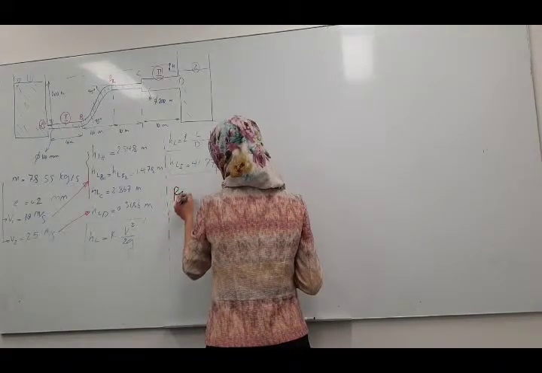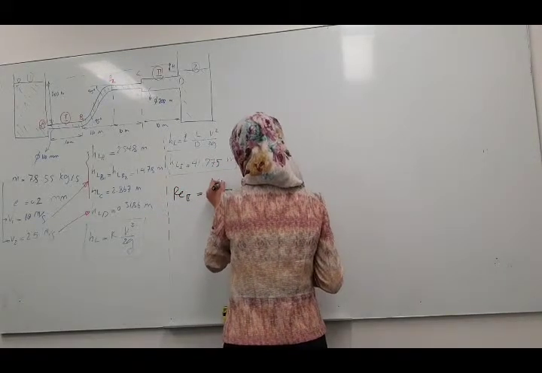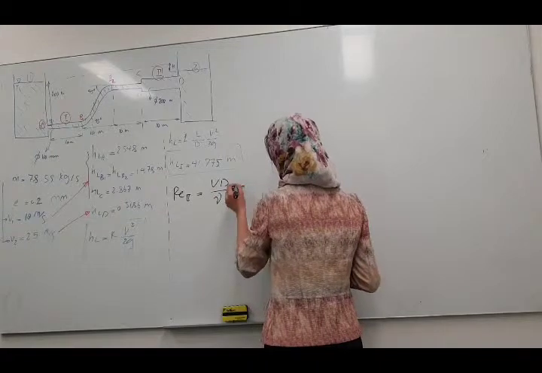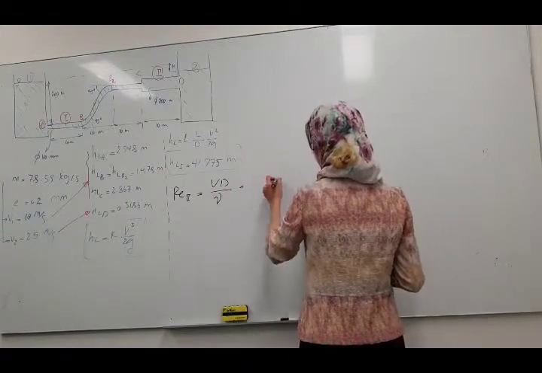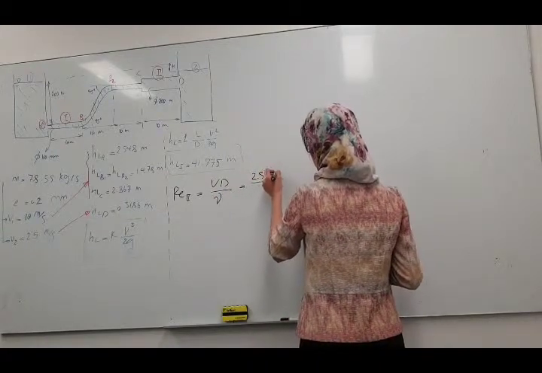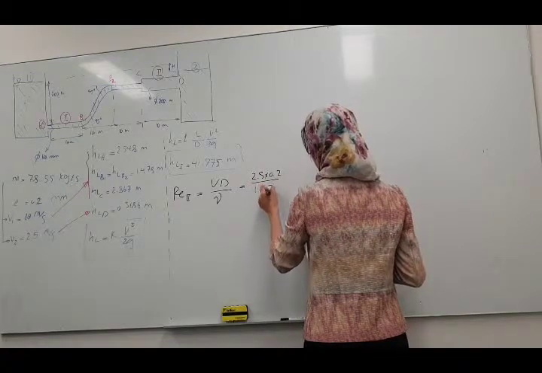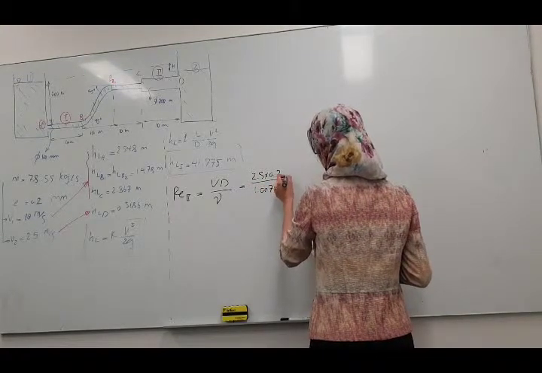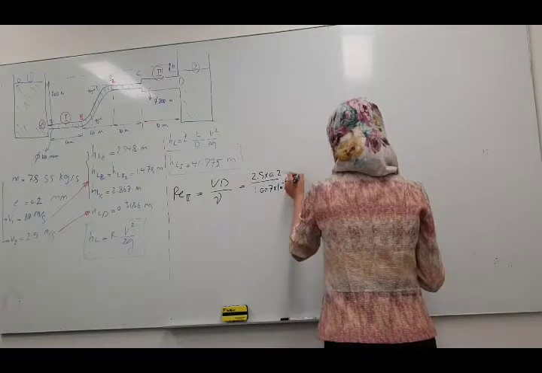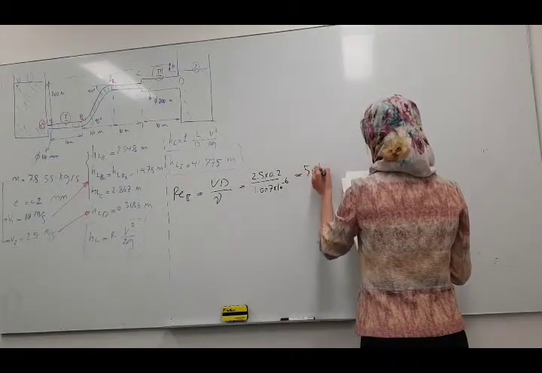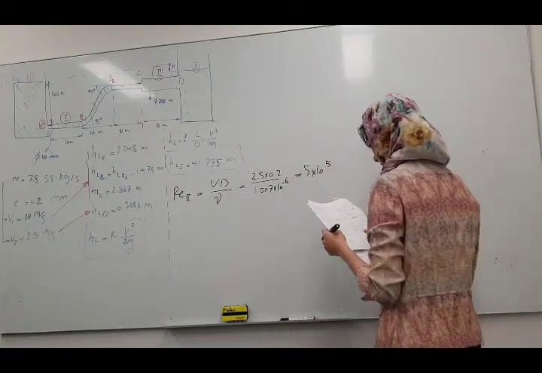So we need to find the Reynolds number, which is the velocity times diameter divided by viscosity. The velocity is 2.5, the diameter is 0.2, and that's the value for the viscosity of water. It gives us a Reynolds number of approximately 510 times 10 to the power 5.